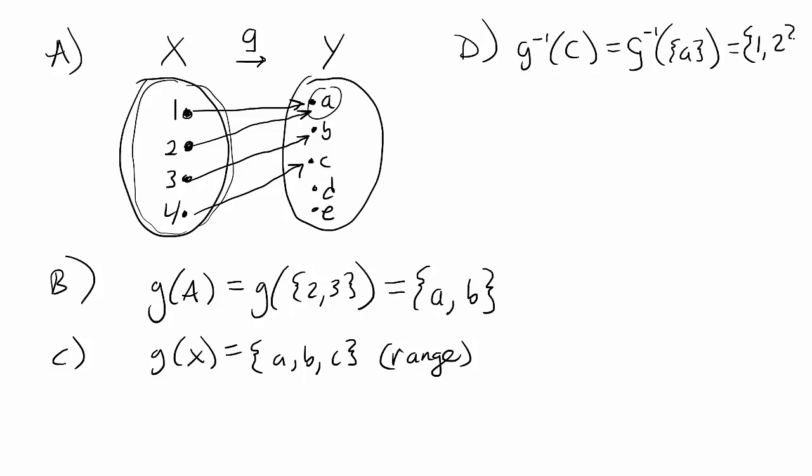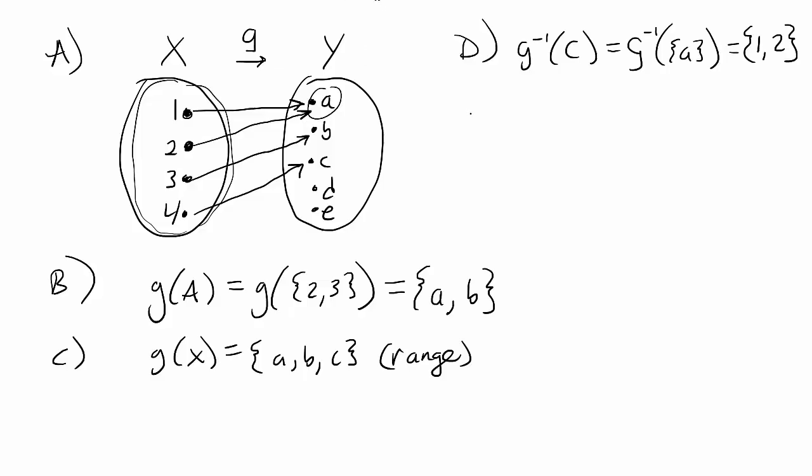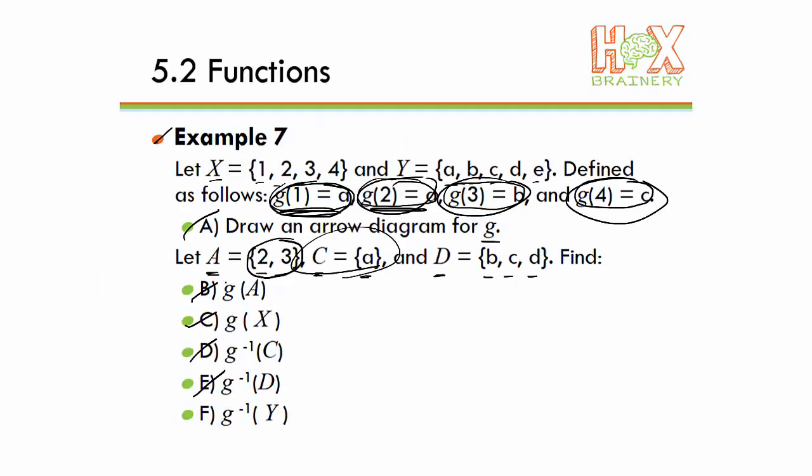You have 1 and 2 there. Use set notation. And then inverse for G again. But this time we're putting in set D, which is B, C, and D.